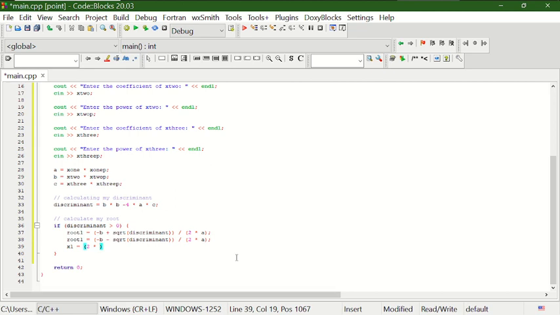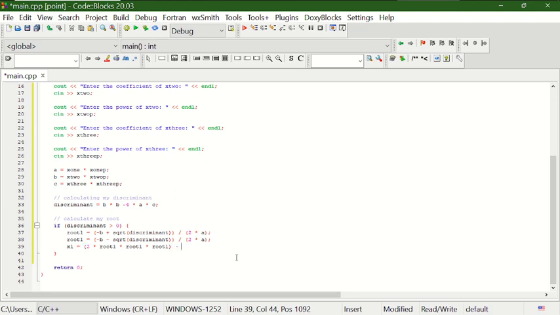Since the power was cubed, the root is going to multiply itself 3 times. So we say root 1 times root 1 times root 1. Okay, then we have to close the brackets.